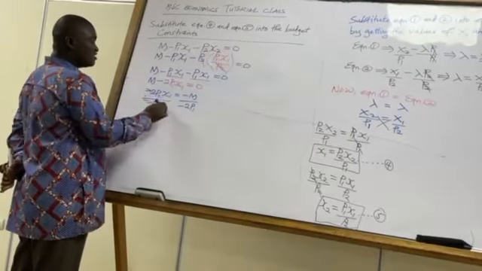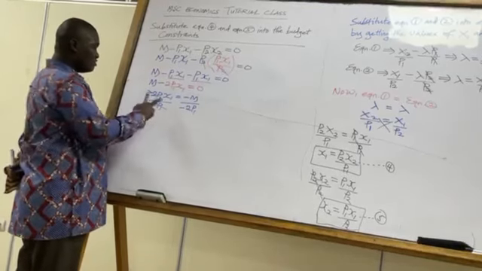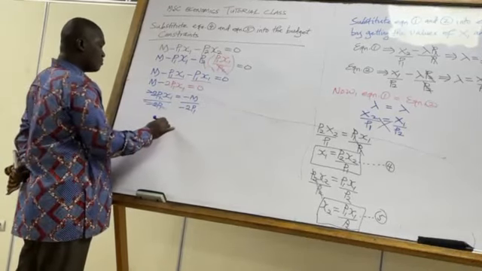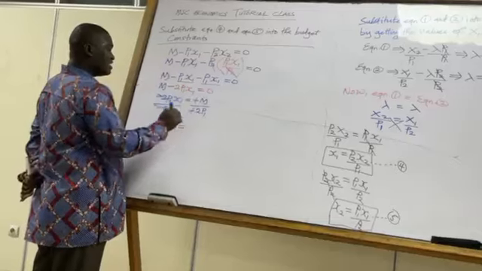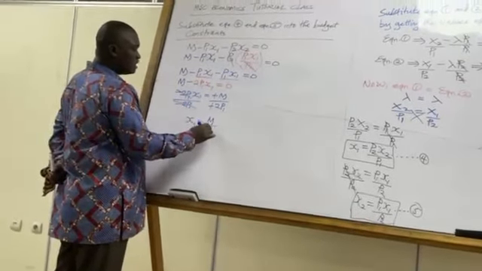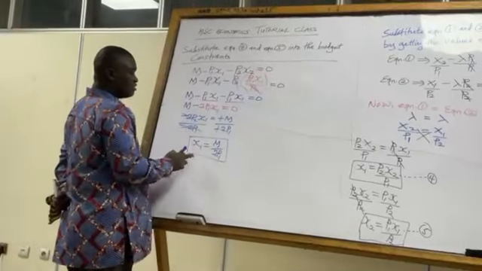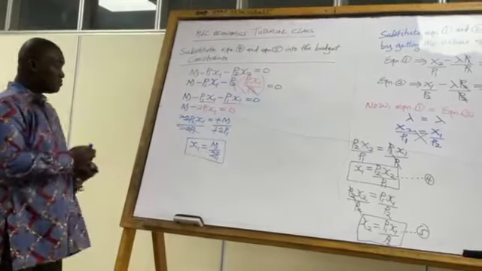So this will now cancel this. I hope you are listening. So therefore we have x1, which is now equal to negative, cancel negative. So therefore you have what? M over 2P1. So this is the value for x1.